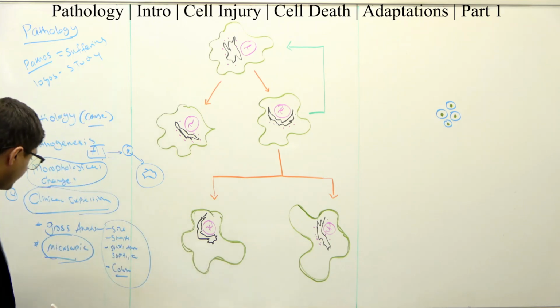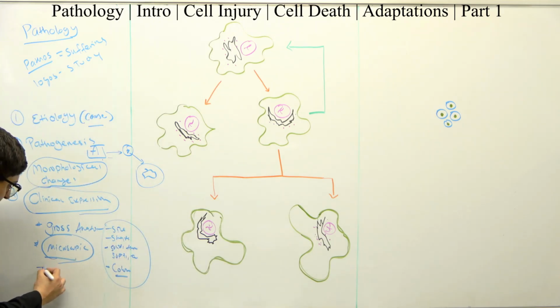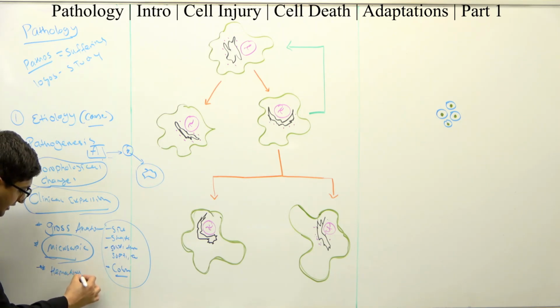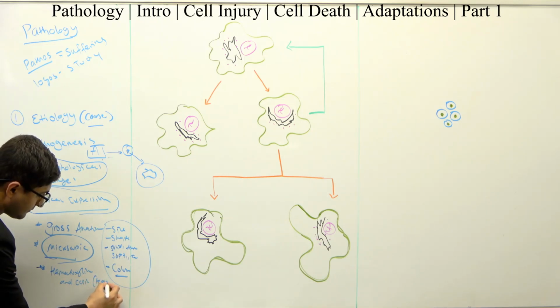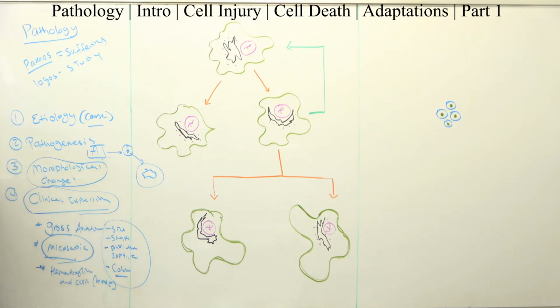There are a couple of the most common ones, which are gold standards. I'll write down here: hematoxylin and eosin, or simply H&E. This is used all the time.